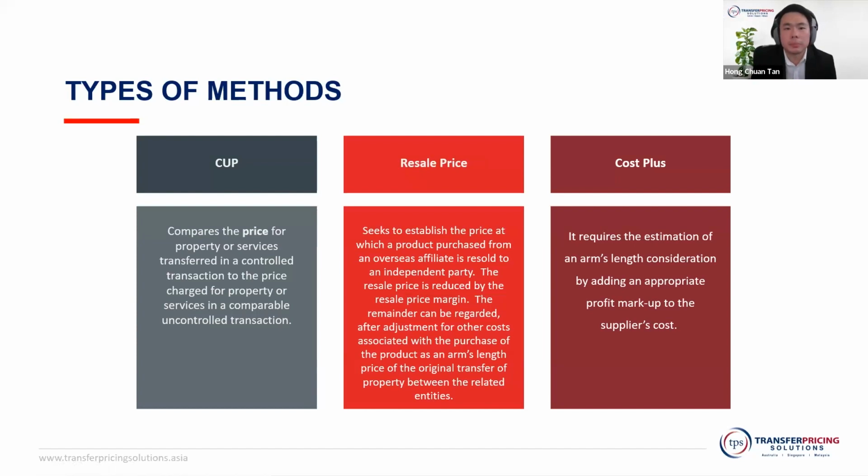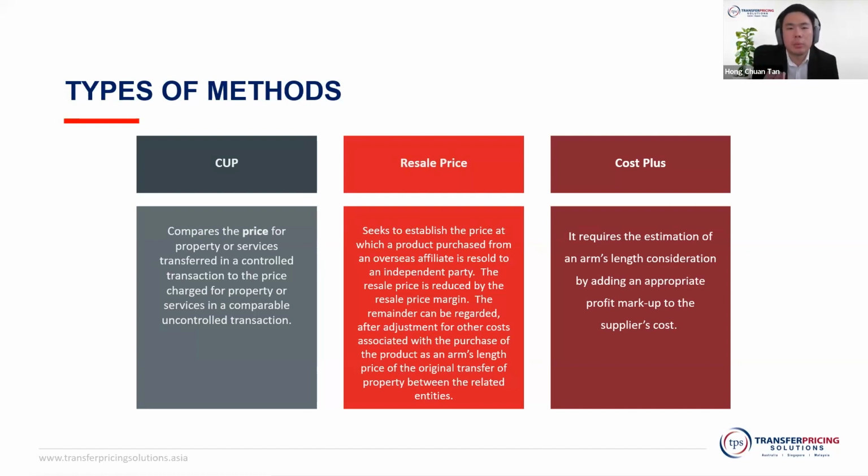So resale price is where we're looking at the resale price margin, right? On a gross level, we're looking at the resale price margin to be compared against the resale price margin of uncontrolled transactions, right? So the difference between CUP and resale price is that CUP looks at the price itself, while the resale price looks at the gross margin, the resale price margin, where it is very applicable when we're looking at transactions that do not have any modification or any actual changes to the particular product, for example.